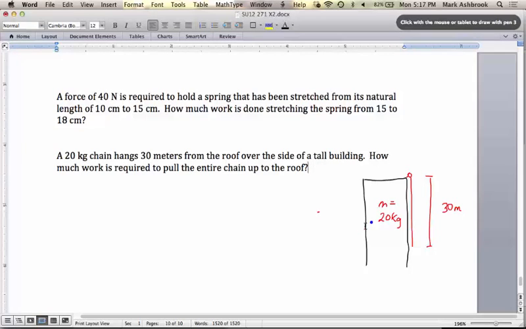Let me give you a little bit of a tip here. Let your variable x be the distance down from the top of the building. That's a hint. See what you can do.